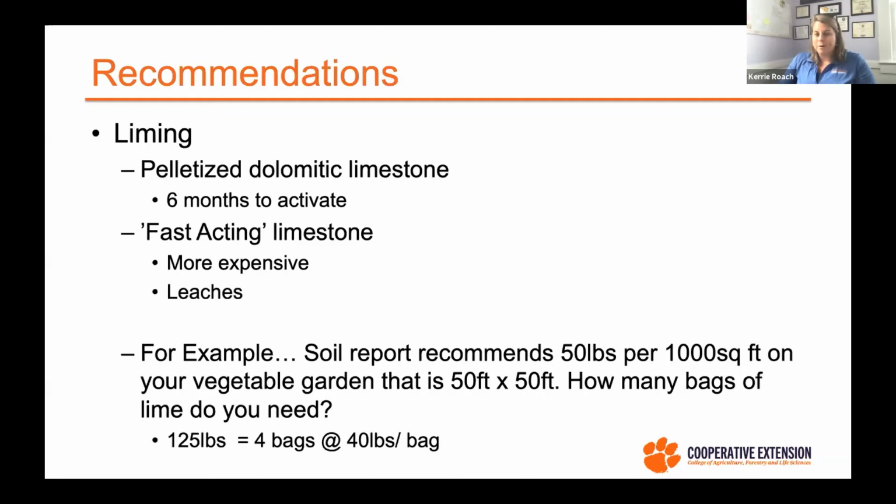It's also important when you code your crop. Make sure that you code it correctly, because there's a lot of times where somebody's growing a home vegetable garden and they choose tomatoes or a commercial crop code where that's going to come back in tons per acre. And I know we can go back to the Soil Lab and have it recoded, which is awesome.